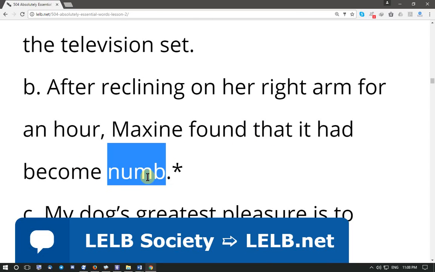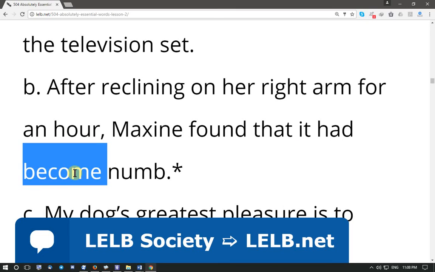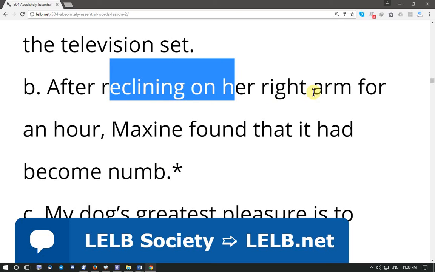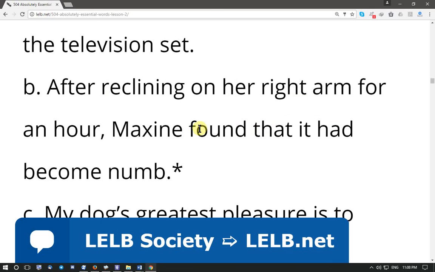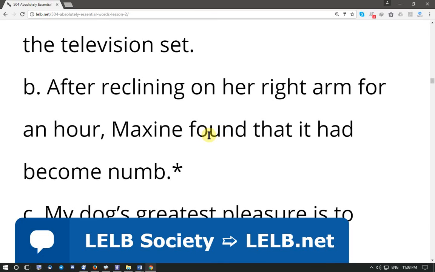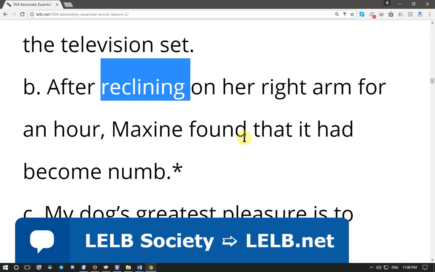Remember, here we have the structure of past perfect tense, had plus past participle, because there are two actions happening in the past: one, reclining on the right arm, and two, finding out about something. One of them happens before another action in the past. So finding that something had happened took place before this one. Therefore, the one that took place before the other should be put in the past perfect tense.